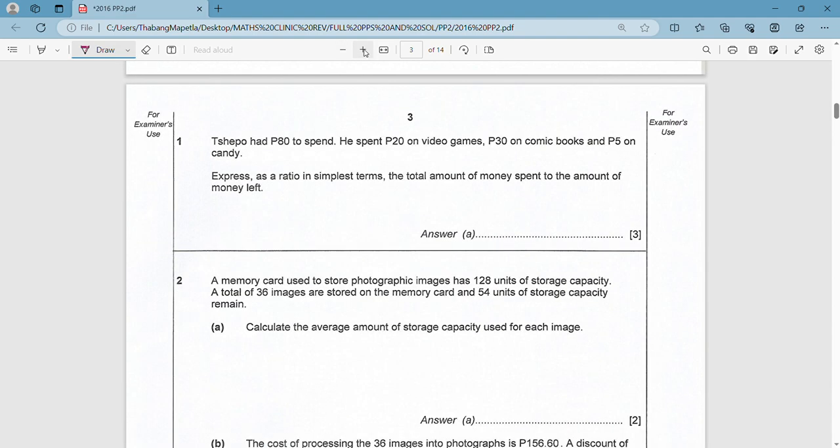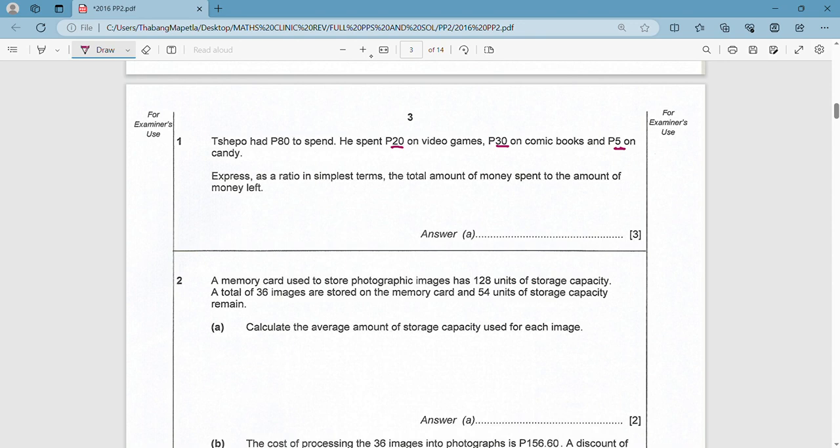Express in its simplest terms the ratio of the total amount of money spent to the amount of money left. So we are simply going to add all the money he spent: 20 pula for video games plus 30 for comic books plus 5. 20 plus 30 is 50, plus 5 is 55.